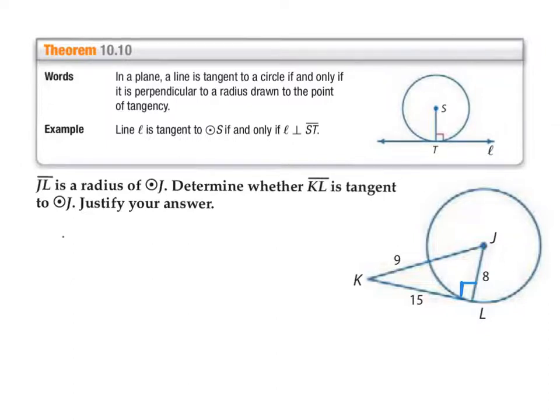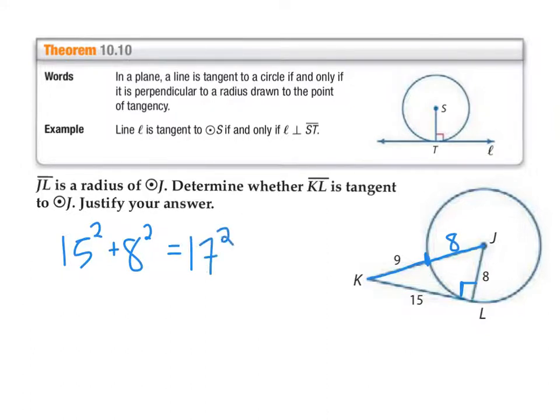A is going to be 15. B is going to be 8. What's the hypotenuse? It's not 9. 9 is only from K to here. So from here to J would be 8 because it's a radius and all radii are the same length. So the hypotenuse is going to be 9 plus 8, which is going to be 17.